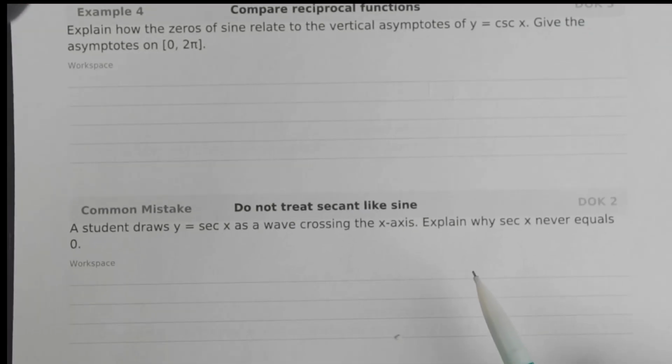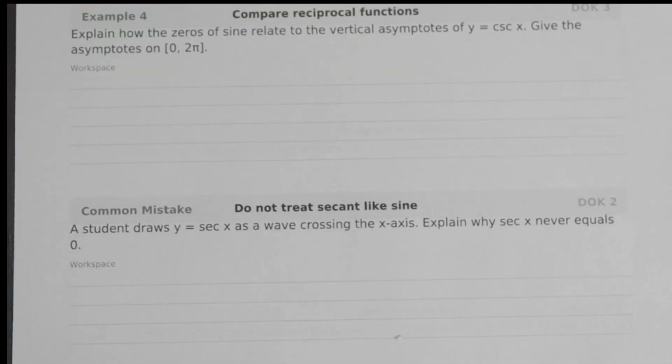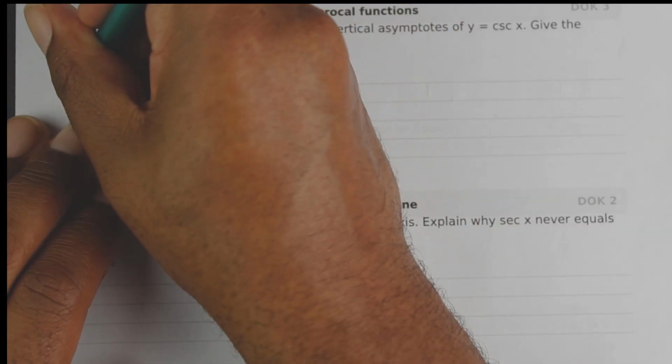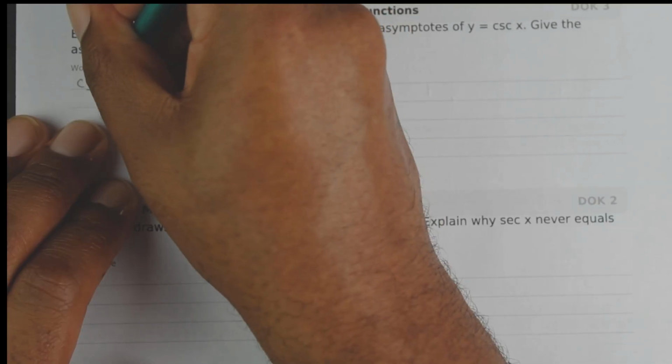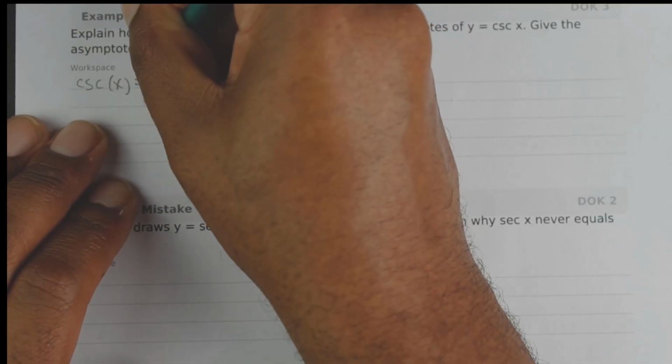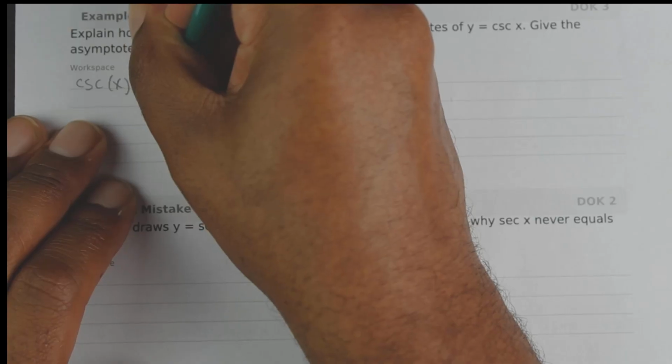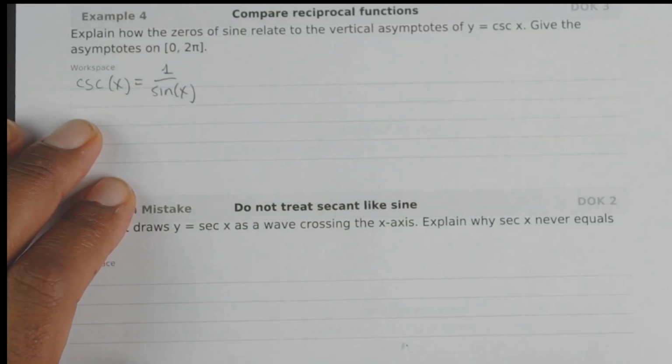Explain how the zeros of sine relate to the vertical asymptotes of y equals cosecant x. Give the asymptotes. Okay, here in example 4, first of all, you need to understand that the cosecant is the reciprocal of sine. So cosecant of x is 1 over sine x, right?